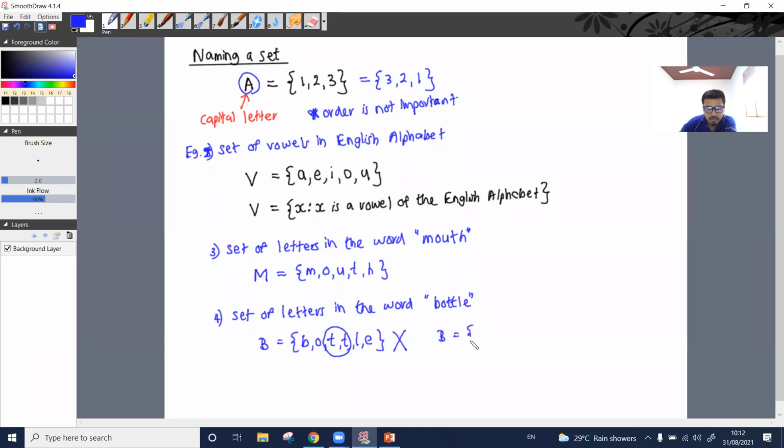B equals B, O, T, L, E. It means the elements in a set cannot be repeated.